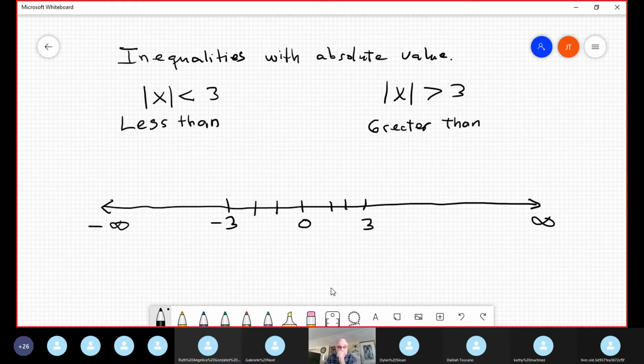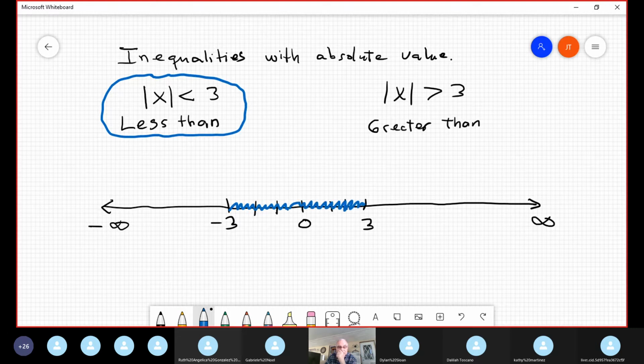The solution for the first inequality, the less than, is this interval. Right? It is a super easy verification that this idea is correct.